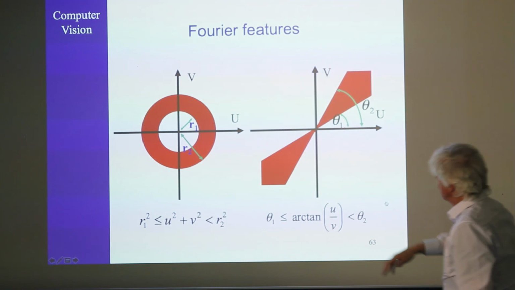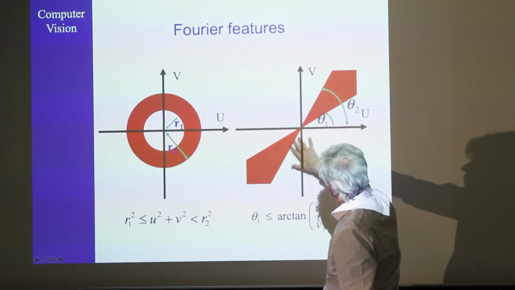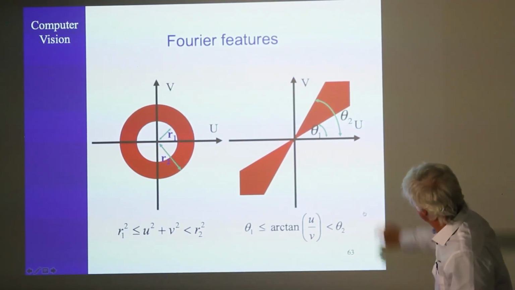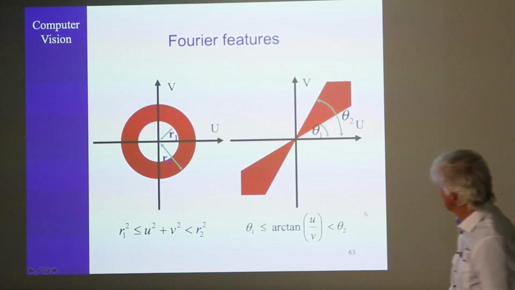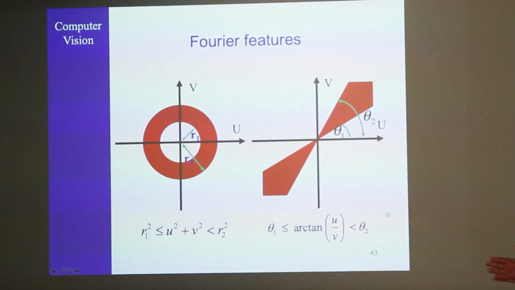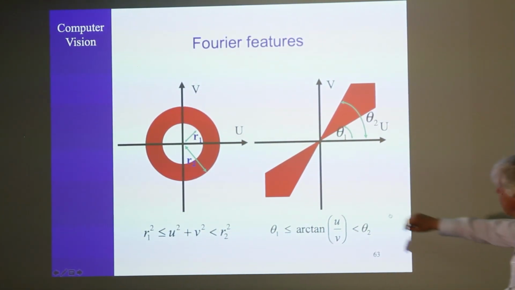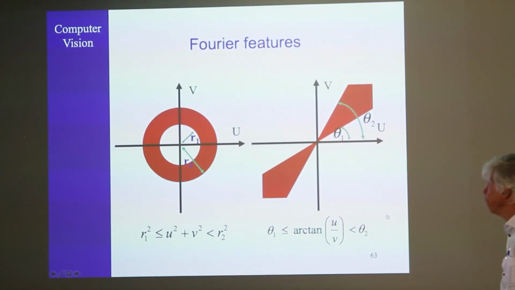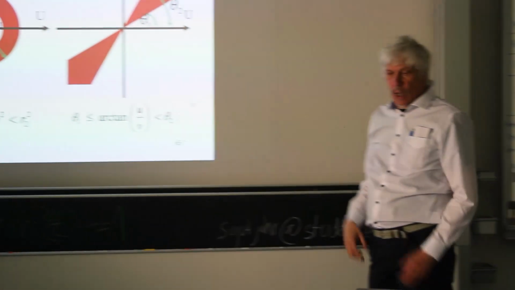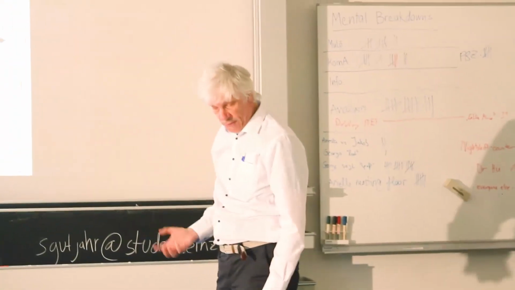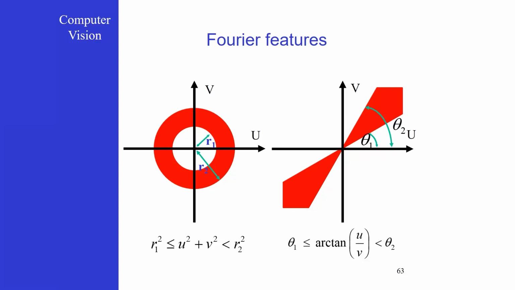Alternatively, we could look at this kind of wedge pattern, if you look at this here. So it's going a certain orientation and a small area around it, summing all the energy for those orientations. And indeed, those features can be expected to pretty well capture things we have been talking about.